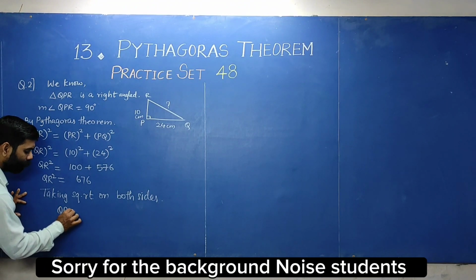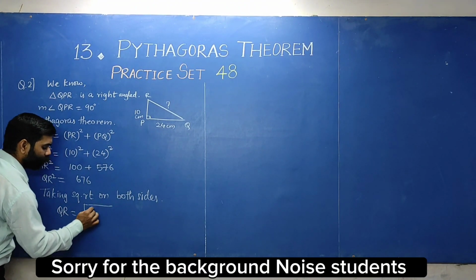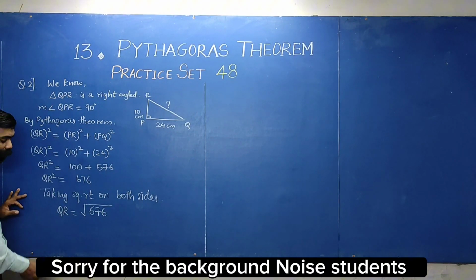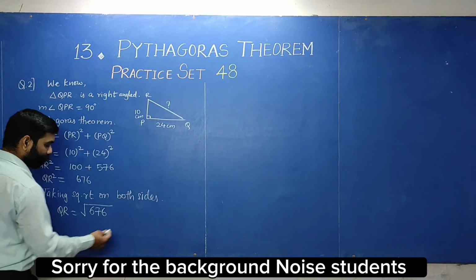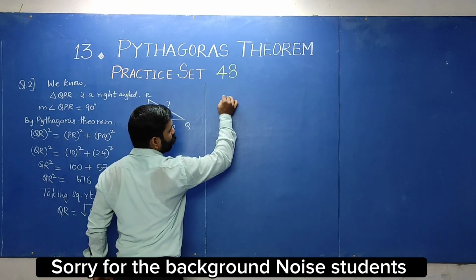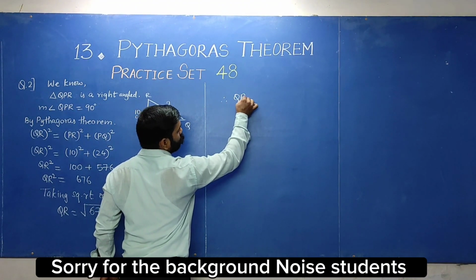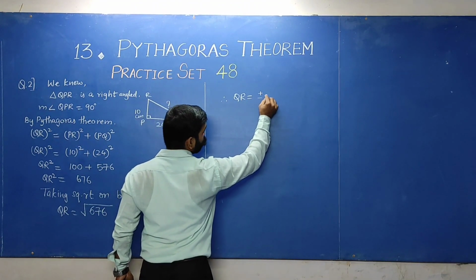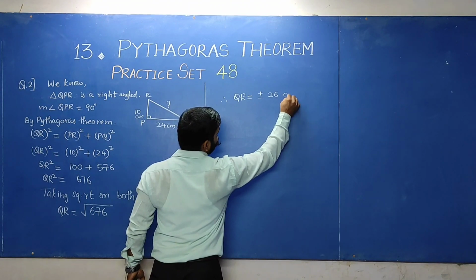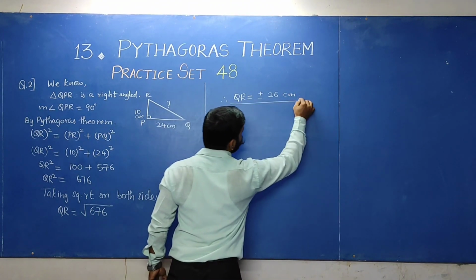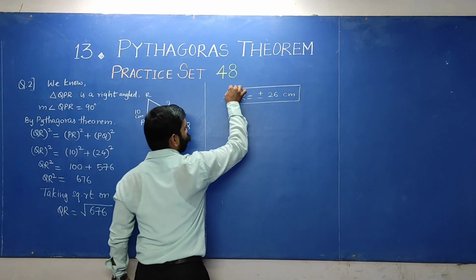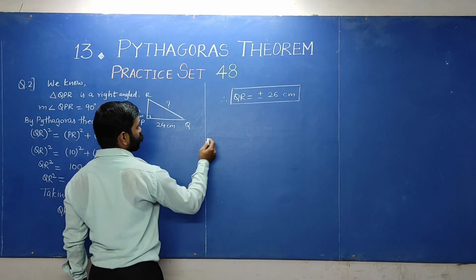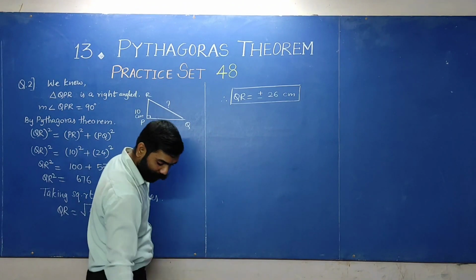We will get QR is equal to square root of 676. Therefore QR is equal to plus minus 26 centimeter. Distance is always positive, therefore we will write QR as plus 26. Distance always comes as a positive value.